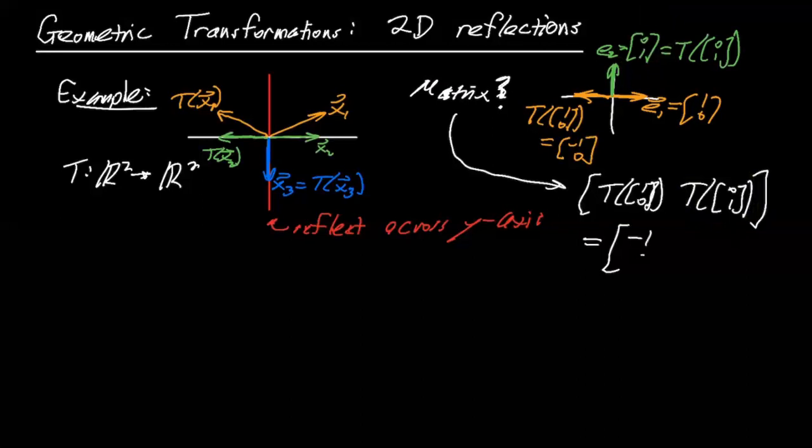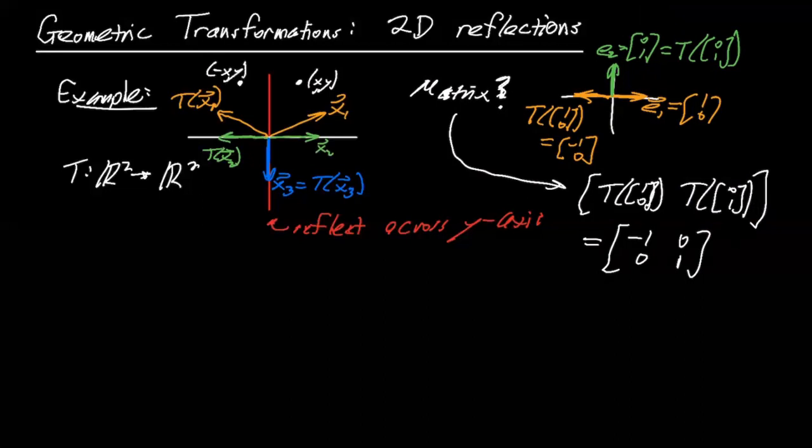It's -1, 0, 0, 1. And that should make sense, because if you think about a point like x comma y over here, it should be taken to the point. Think about it. What's the coordinates of this point? Maybe pause, ask yourself. It's negative x comma y, right?